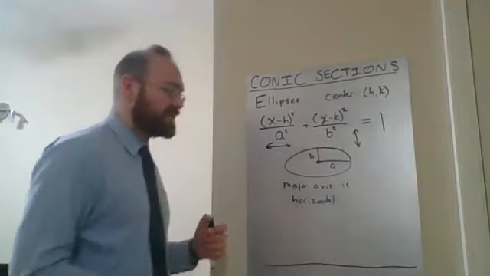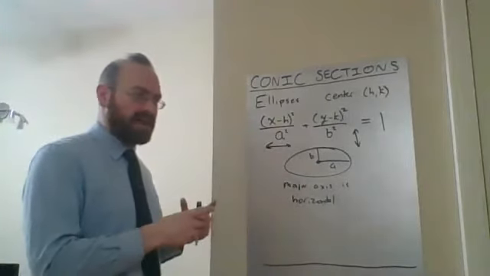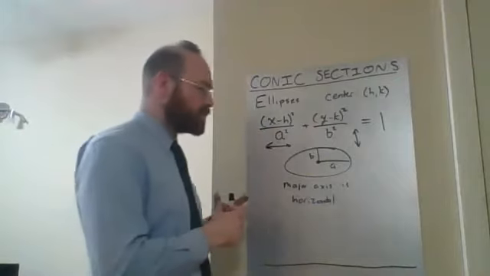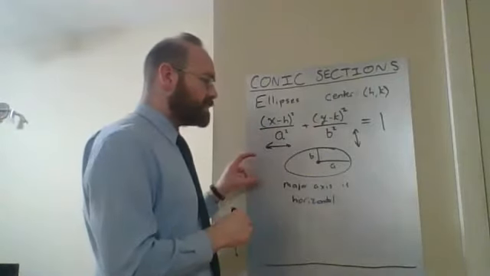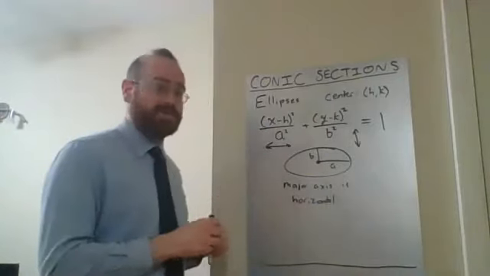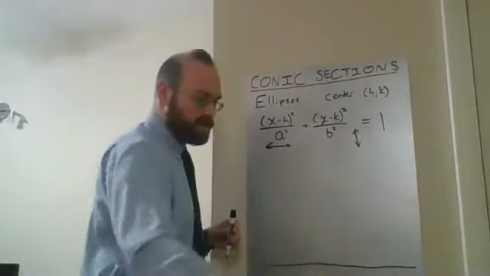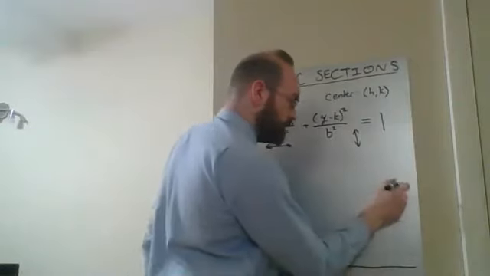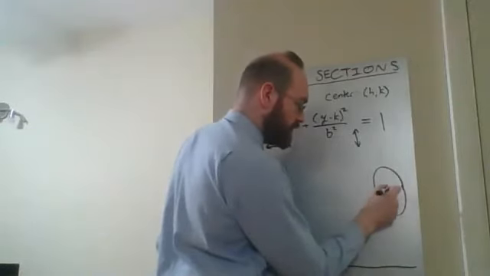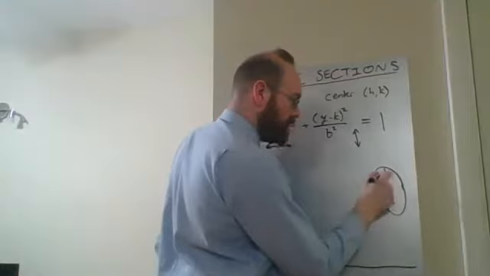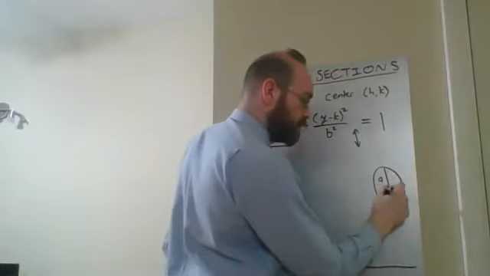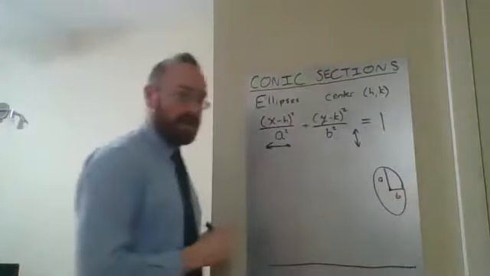But we also said on the last slide, for lack of a better word, that we can have ellipses that are vertical and not horizontal. So a vertical ellipse looks like this. We'll have the A going up and down and the B going left and right.